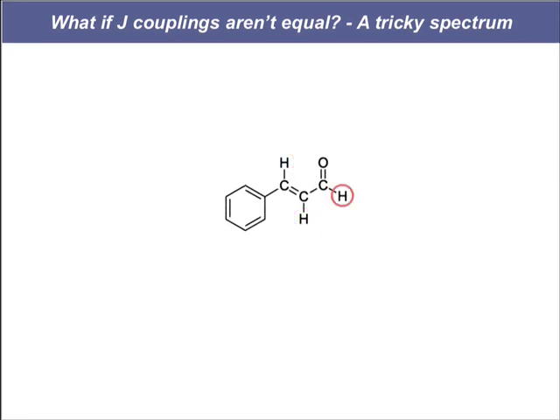How about let's look at this red hydrogen. This guy also has one neighbor, our pink hydrogen, but that's also not a normal doublet. That's not an sp3 doublet. So they're not going to be 7 hertz.